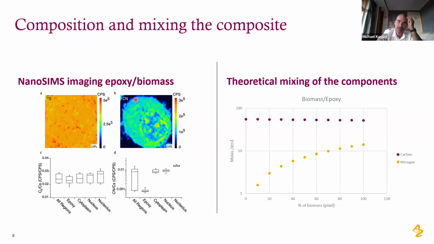And this is just the nitrogen image, which shows where that carbon epoxy should be displaced. And we have some graphs showing that it's pretty consistent regardless of the region.